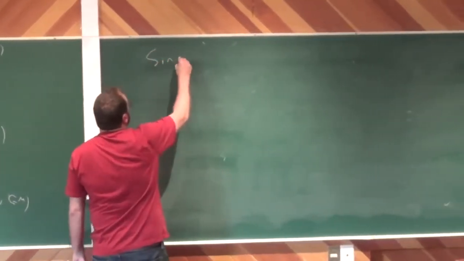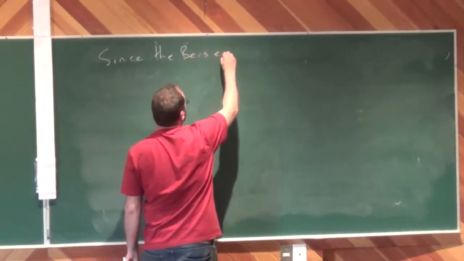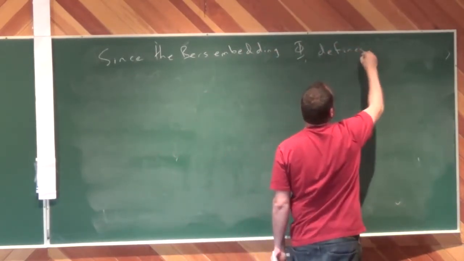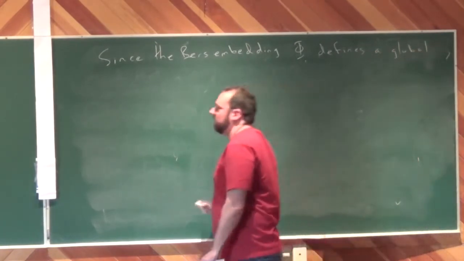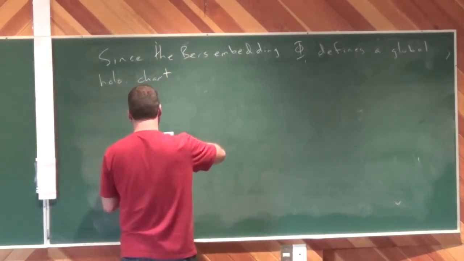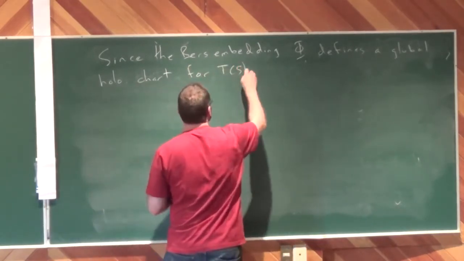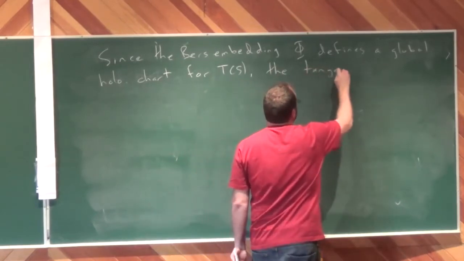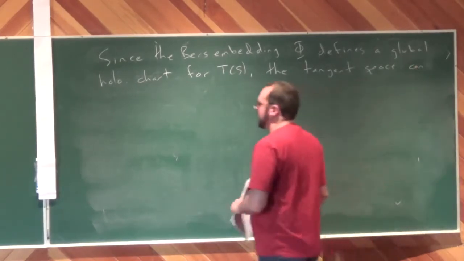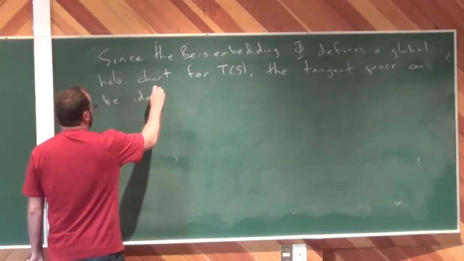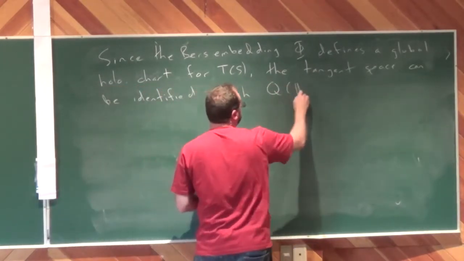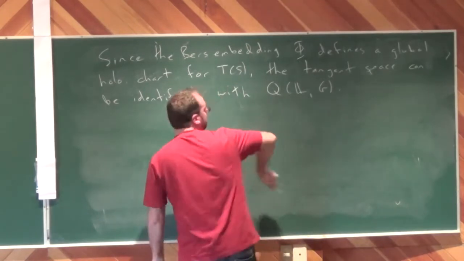Okay. So as I just said, since the Bers embedding phi defines a global holomorphic chart, the Teichmüller space tangent space can be identified with Q L G, the tangent space at the base point.